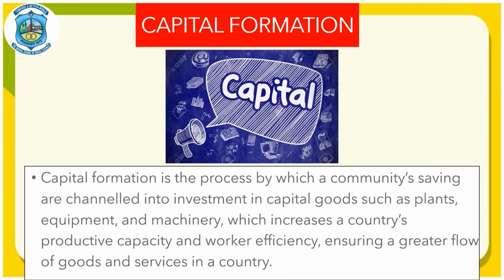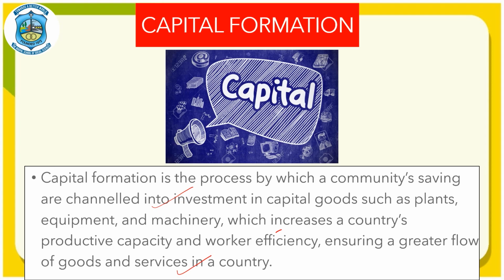So what does it say? Capital formation is the process by which a community's savings are channelized into capital goods such as plant, equipment and machinery, which increases a country's productive capacity and workers' efficiency, ensuring a greater flow of goods and services in a country. So this is the theoretical aspect.